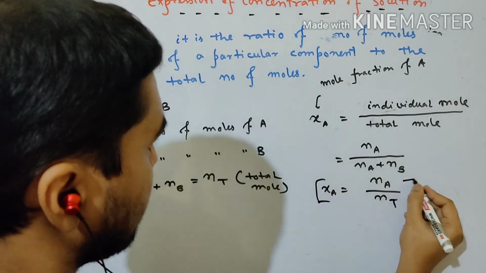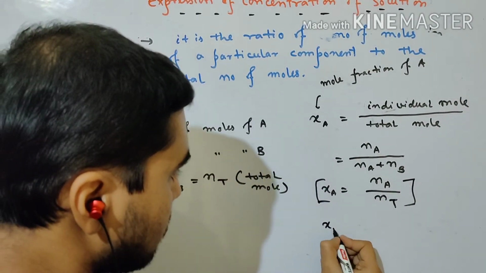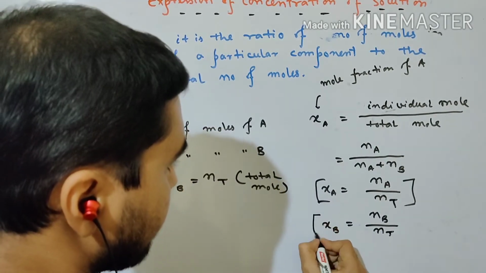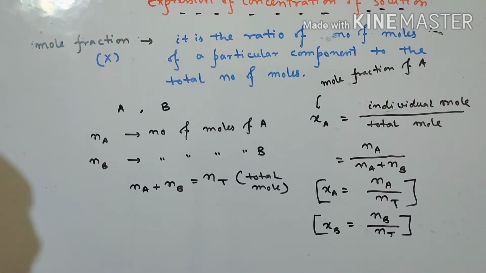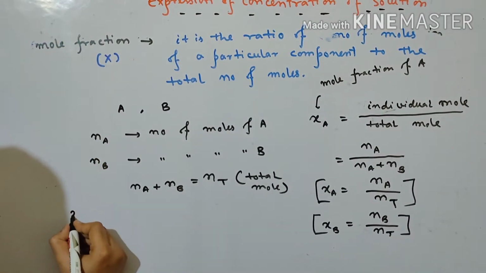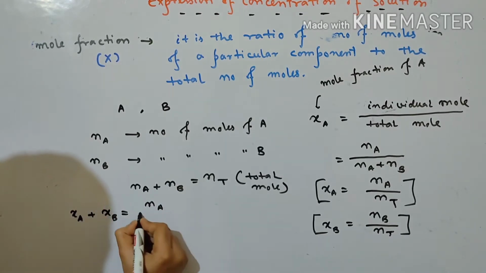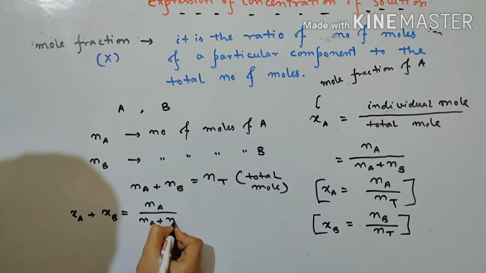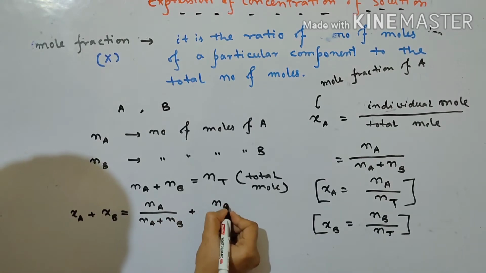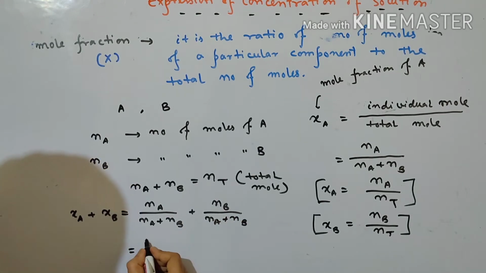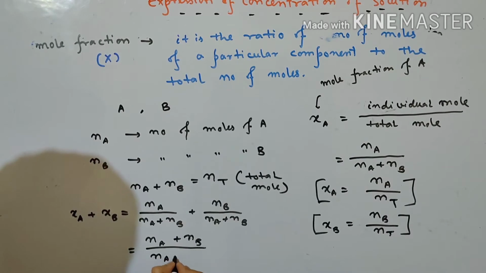Similarly, for Xb, it should be written as Nb divided by Nt. And remember always, if we are doing Xa plus Xb, it should be Na divided by Na plus Nb plus Nb divided by Na plus Nb. So it should be written as Na plus Nb divided by Na plus Nb, which is equal to 1.